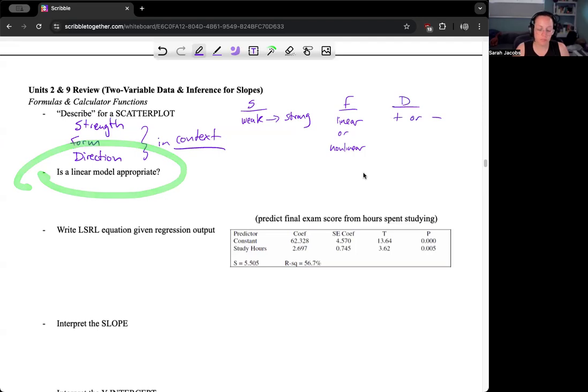Next, is a linear model appropriate? How to know? From the scatter plot, you should see that it's kind of a line.